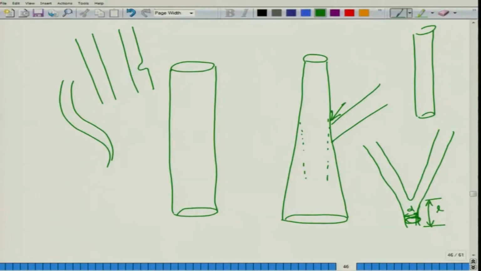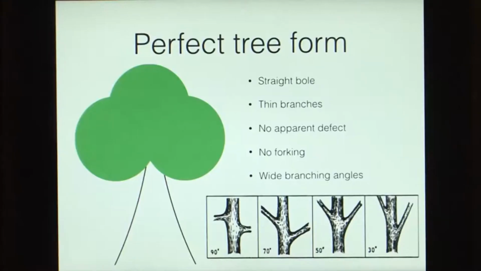At the same time, any thin branches that you have should also have wide branching angles. Now, as we can see in the slide, this bottom panel shows you the branching angles of a number of branches. So, the first one is 90 degrees, in which your branches are perpendicular to that of the bole. In the second case, you have 70 degrees branches.